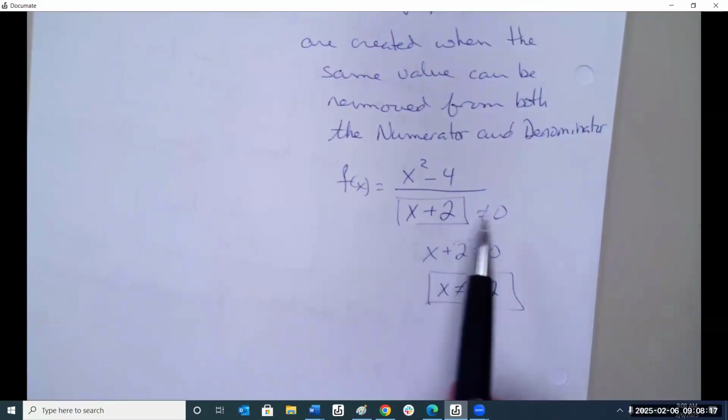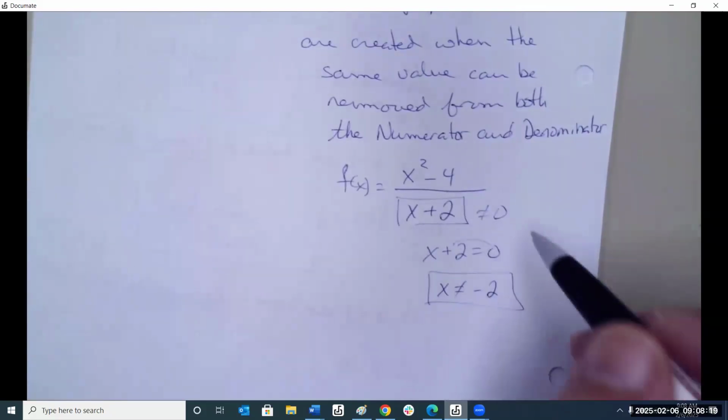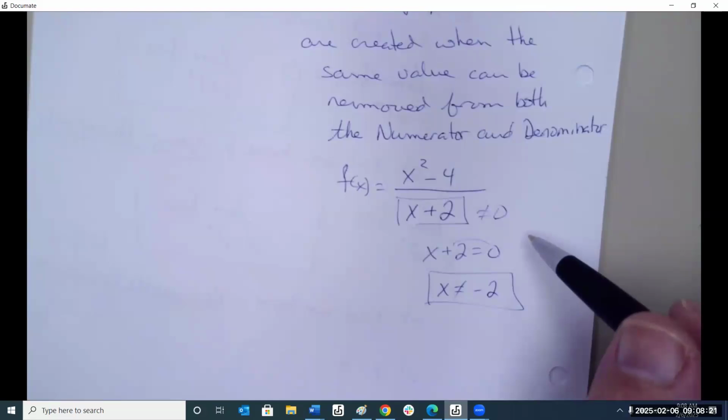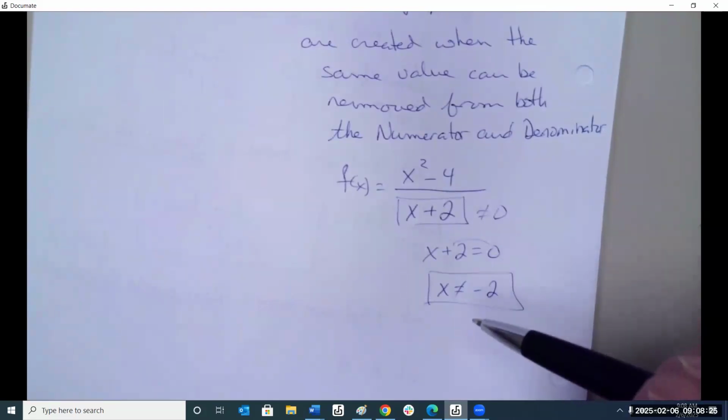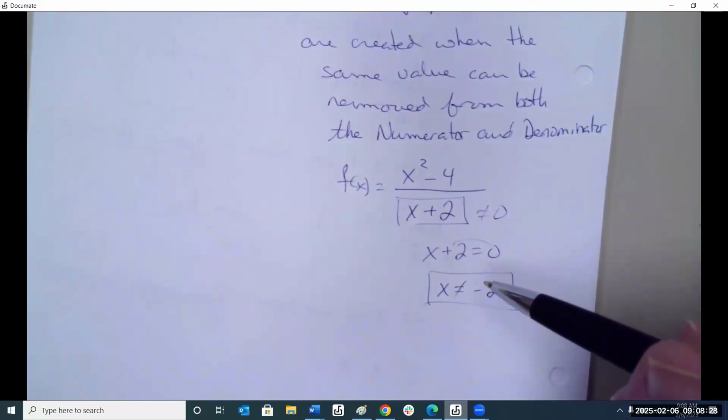Now, we have a discontinuity because we have a problem there. Is it going to be a jump discontinuity or a removable discontinuity? How do we know that?